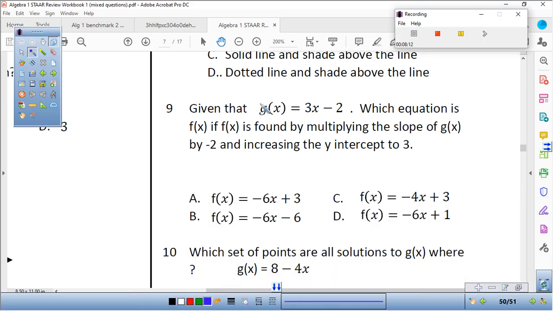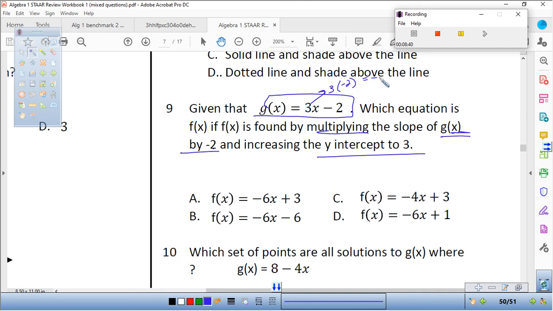Given the g of x, now I'm thinking graph. Once I see this, I'm thinking graph. Which equation is f of x if f(x) is found by multiplying the slope of g of x by a -2 and increasing the y-intercept to 3? Okay, f of x, right? Let's get the slope of this one, which is 3. We're going to multiply it by a -2, which becomes a -6.